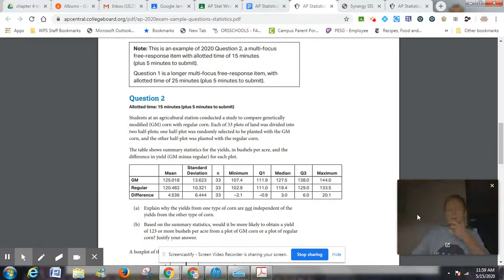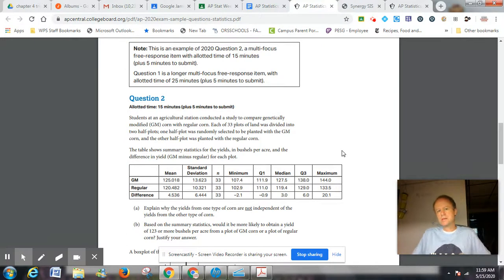Since there are only 2 questions, these questions are going to combine several different aspects or content of the class. So this sample gives us a table. Students at an agricultural station conducted a study to compare genetically modified corn with regular corn. Each of 33 plots of land was divided into 2 half plots.